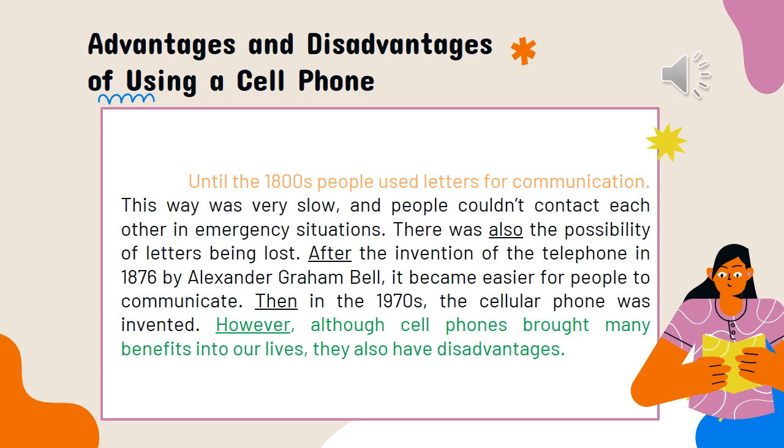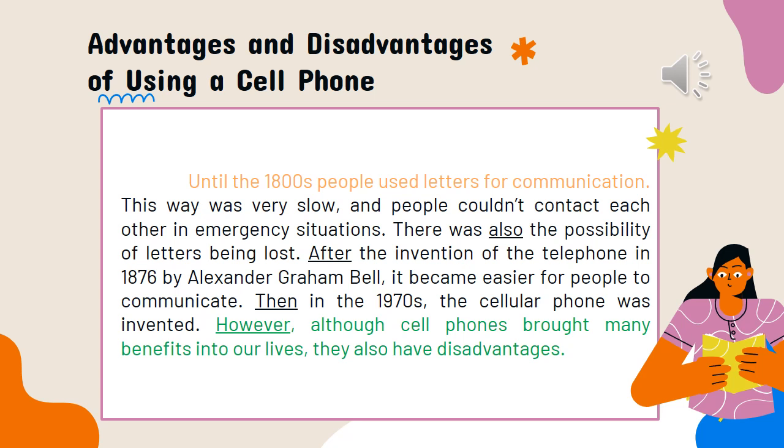Then, in the 1970s, the cellular phone was invented. All of these that are colored in black are the background information, and they are so clear that they are background information on moving from communicating using letters to using cell phones.